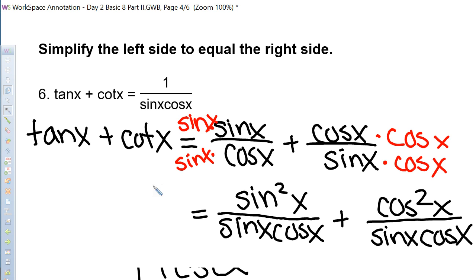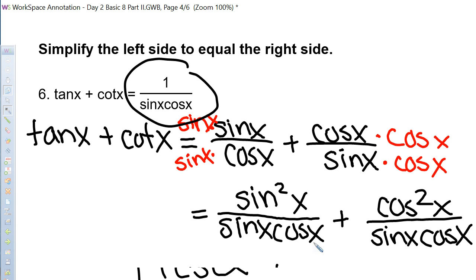What does sine squared plus cosine squared equal? One. And I have sine of x, cosine of x. Oh, and we're finished. We just showed that the left side equals the right side. So start with the left side, prove that it does equal the right side.